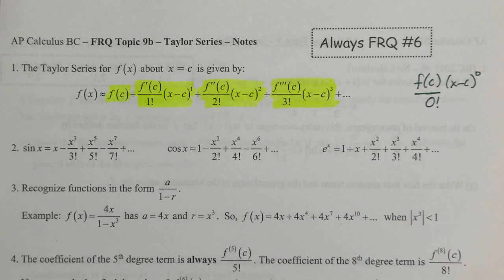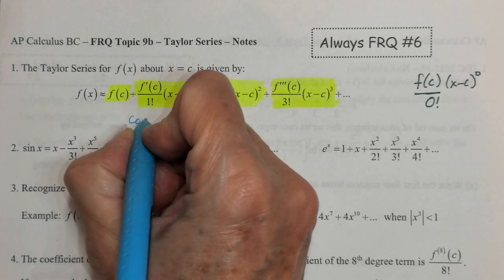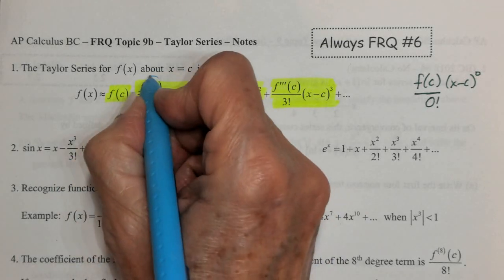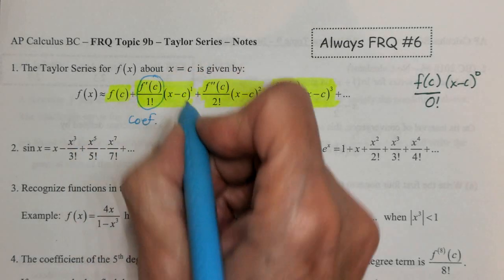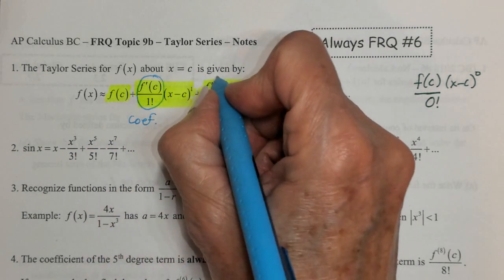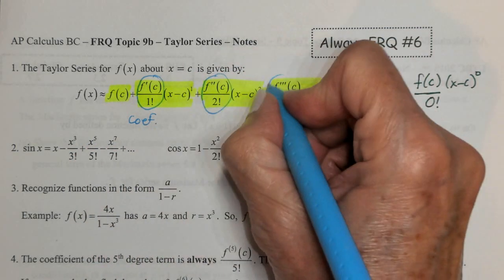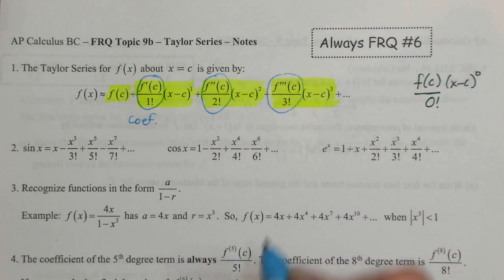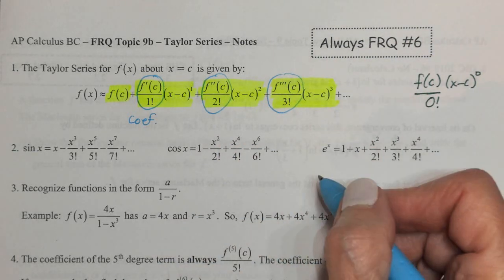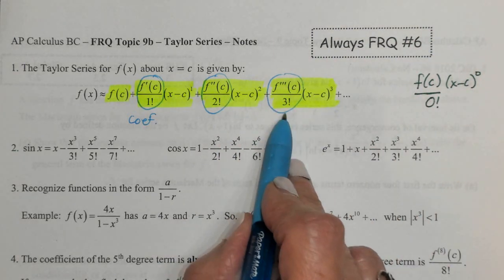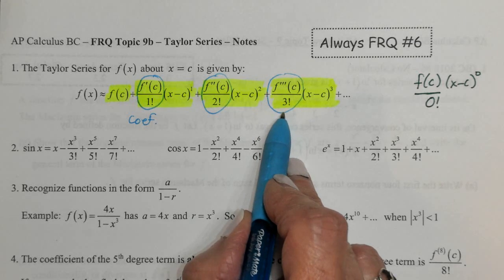It is also important to know that the coefficient is whatever is in front of this thing. These are the coefficients. The coefficient is not just the derivative. It is the derivative divided by the factorial. That's the coefficient.